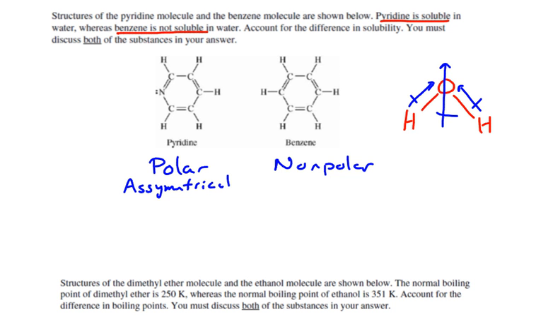Okay. This also with water. What can be created? Why can this dissolve? It can create a H bond, which is an IMF. It's not an actual bond. So you can have H bonding with water.